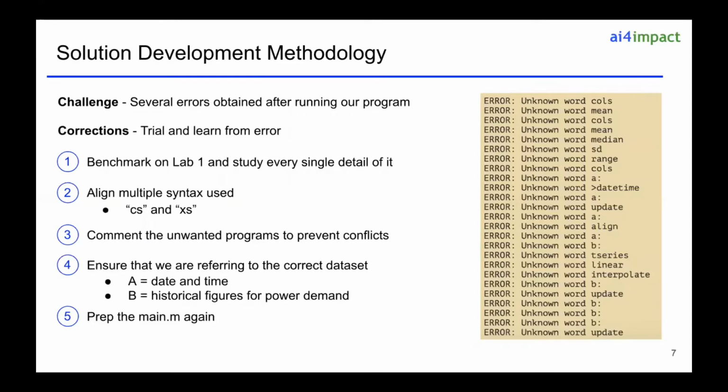We also ensured that we were referring to the correct dataset, for example column A referring to date and time, and column B referring to historical figures for power demand. And lastly, if all the above methods are not working, we restart our program and prep the main.m again.